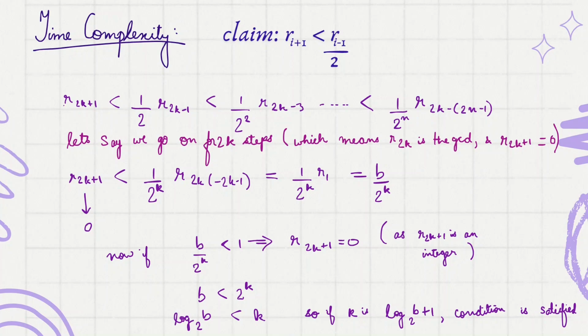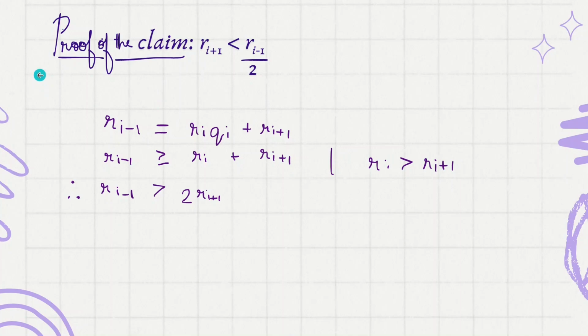We will have another video on time complexity where we will see what is a good efficient algorithm and what is not. We'll compare those. Next we move on to the claim R(i+1) is less than R(i-1) by 2. So R(i-1) is equal to R(i) Q(i) plus R(i+1). You've seen this before. What we do now is we set Q(i) as 1.